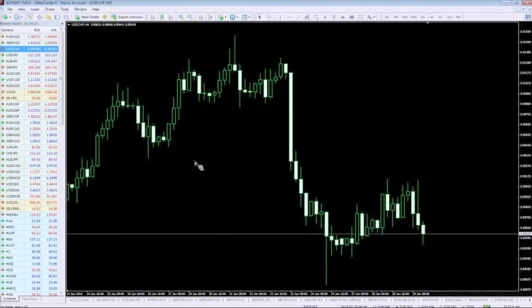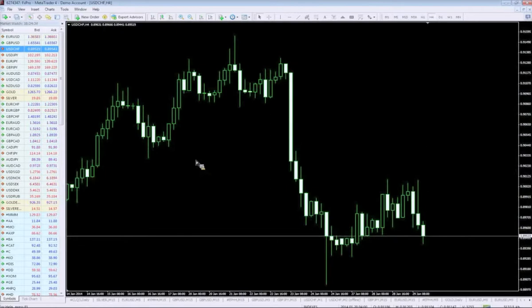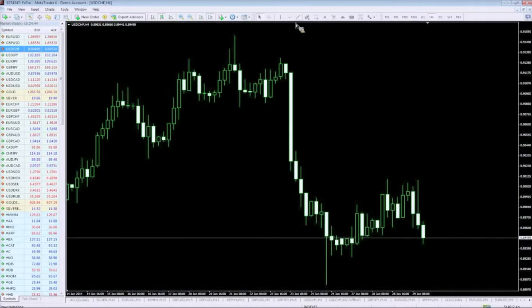Anybody give me an idea where we are right now before I go into that? What kind of market do you think you're looking at? Okay, very good. DT is downtrend. Yeah, everybody's kind of on the right track. We're in a downtrend. Let me get the tool. We're in a downtrend, and this is the pullback of the downtrend.